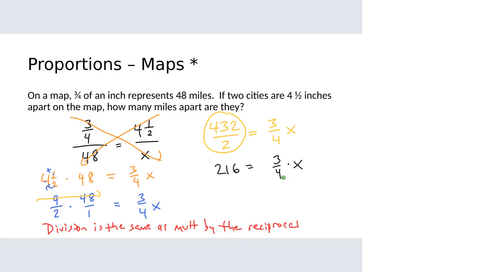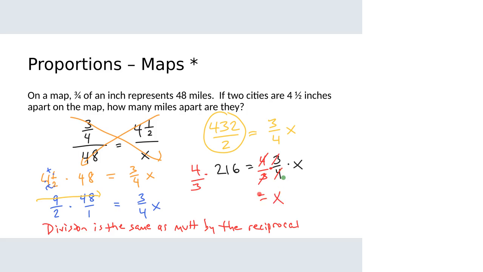So instead of dividing by, hey, sunshine, Jennifer, outstanding. Instead of dividing by 3/4, I'm going to multiply by 4/3. I'm going to multiply by 4/3. On the right-hand side, everything cancels, leaving me just the x, which is perfect. That's what I was trying to get to.